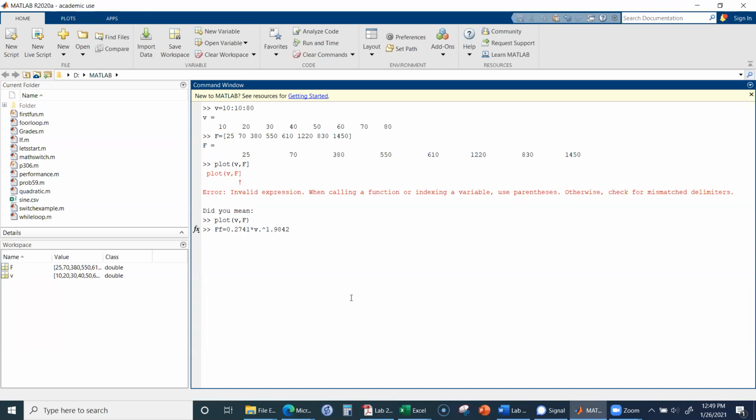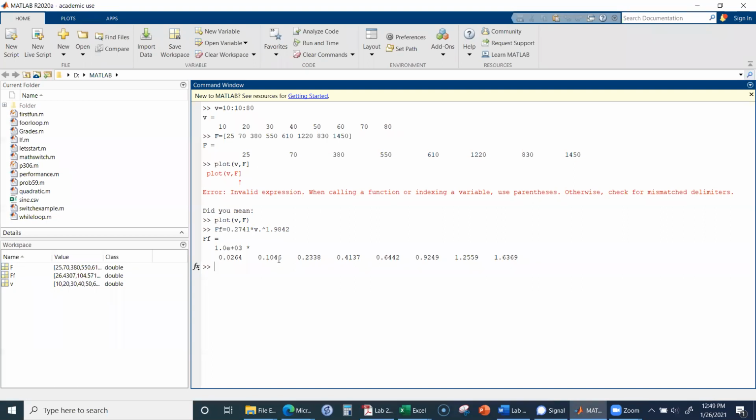Okay, so I will execute it. So in this way, I will get these values. So these are the predicted force values.